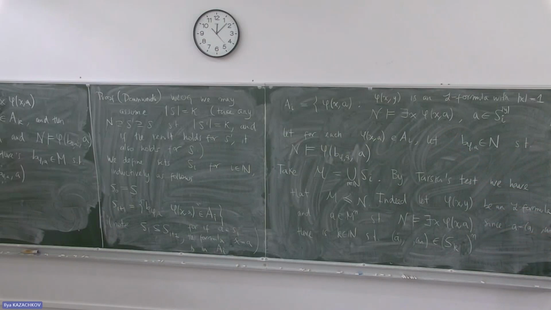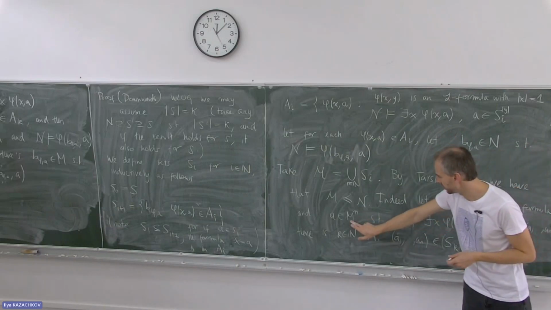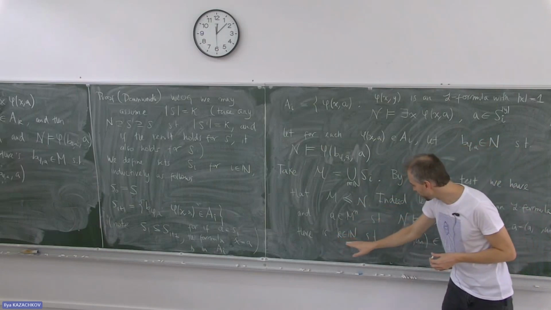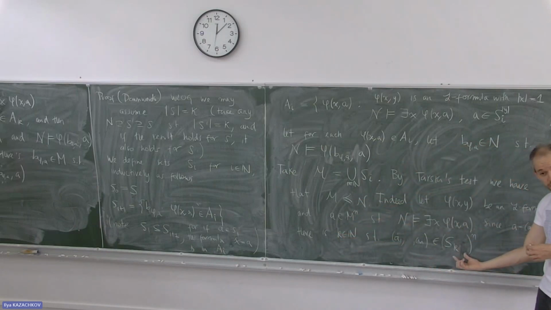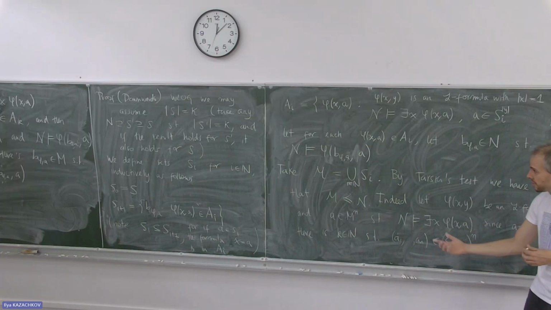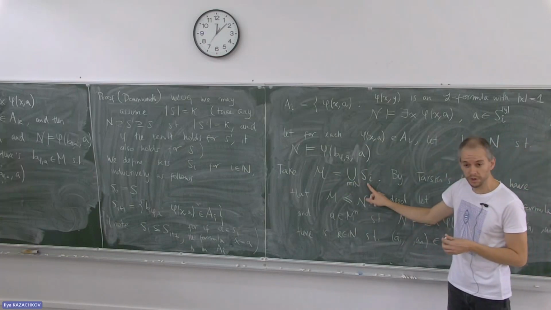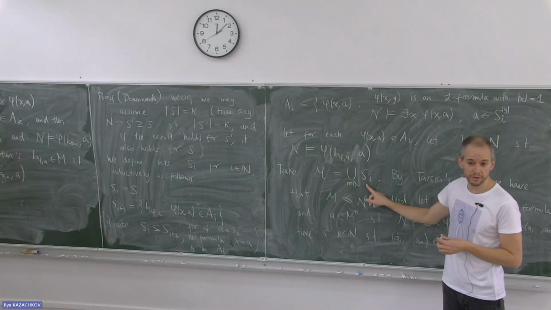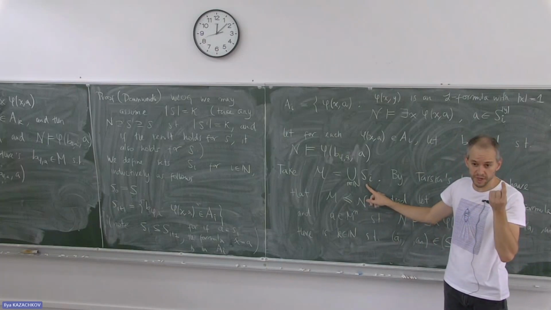I start with some elements in M, right? Because M is this union, then there must be some K where all of them already appear, right? Because M is just the union of all these SIs, right? If an element belongs to the union, it means that it must belong to one of them.